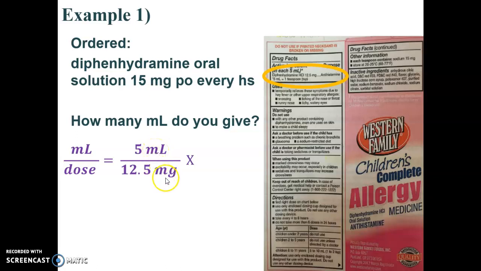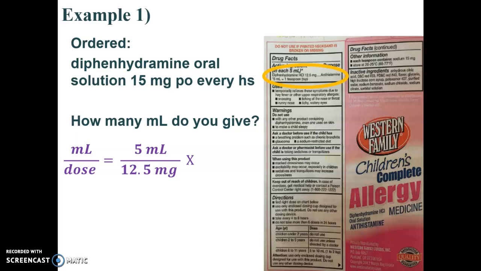Now that puts milligrams at the bottom, which means our next fraction needs to have milligrams at the top. Okay, that way our units can cancel out. Now typically, we said first fraction comes from your label, second one will typically come from the order, as long as the units match. Sometimes they'll try to be tricky and give you the label in milligrams and the order in grams, which means you need to do that conversion, but there's 1,000 milligrams in 1 gram.